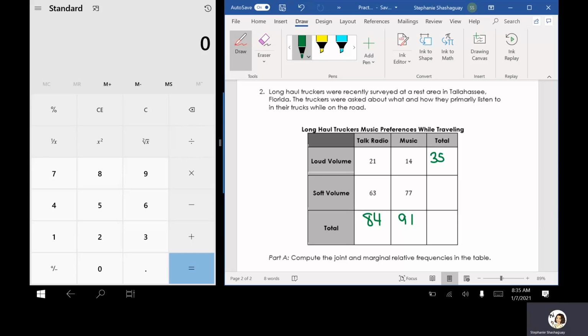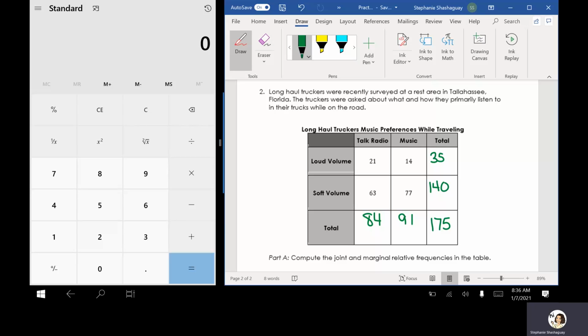And 63 plus 77 is 140. Now that we have our margins filled out, we need to fill in our grand total. So we can either add 84 plus 91 or 140 plus 35, and we get 175.